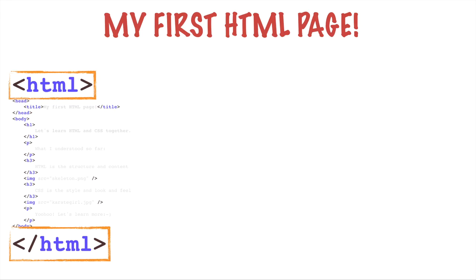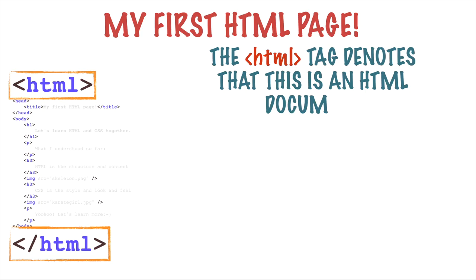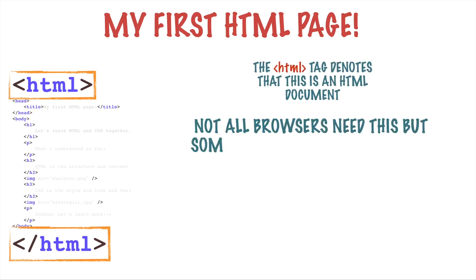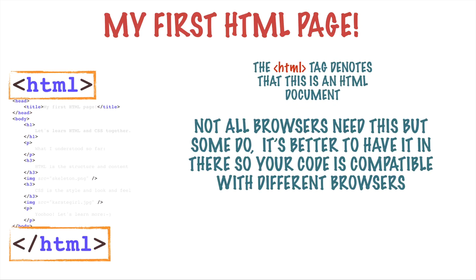Again, every HTML opening tag has a corresponding closing tag. The closing tag is represented by the slash after the angle bracket. All of the contents of the HTML page are enclosed within a pair of HTML tags. This is a way of specifying that this is in fact a well-formed HTML document.